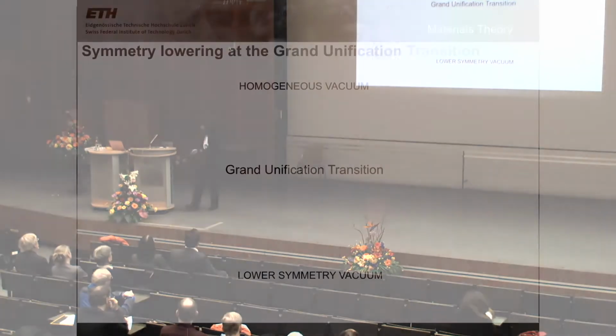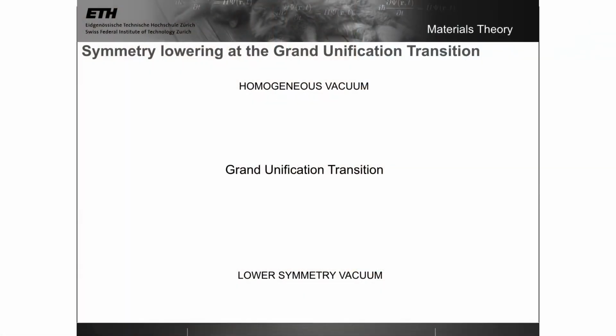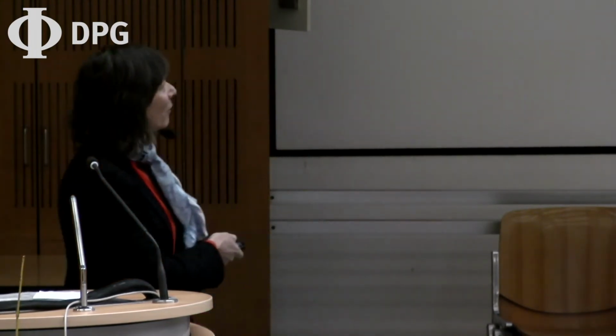The proposal is that this symmetry lowering phase transition is described by what's called a Mexican hat potential, which is something that I think all physicists have encountered in some form or another, because it's a rather ubiquitous kind of potential in physics.